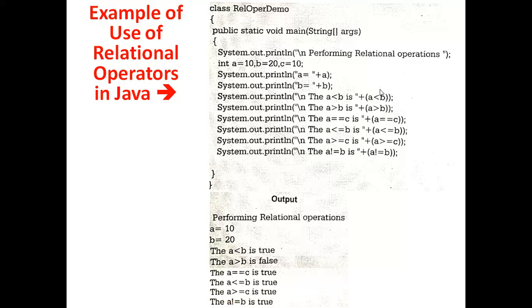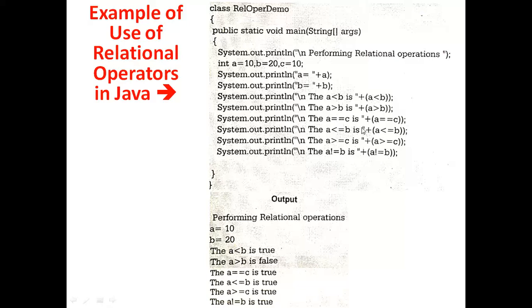Therefore, in the next line we can see system.println, A is less than B, and here we are comparing the two variables, and if it is true, the output shows true. Next, system.out.println shows A is greater than B. As you know that A is not greater than B, hence the output is false.